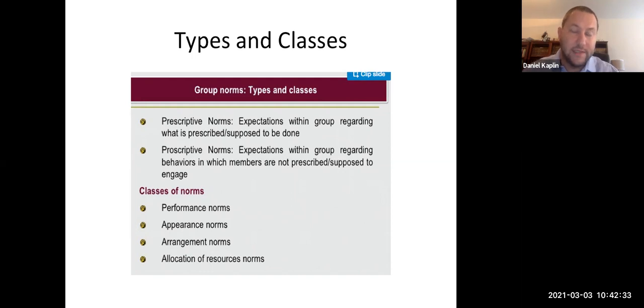But across the span of the group, it will be more balanced. So you talk about resources within and across sessions, and then you have arrangement norms. So an arrangement norm is contingency, a consequence of violating a norm.